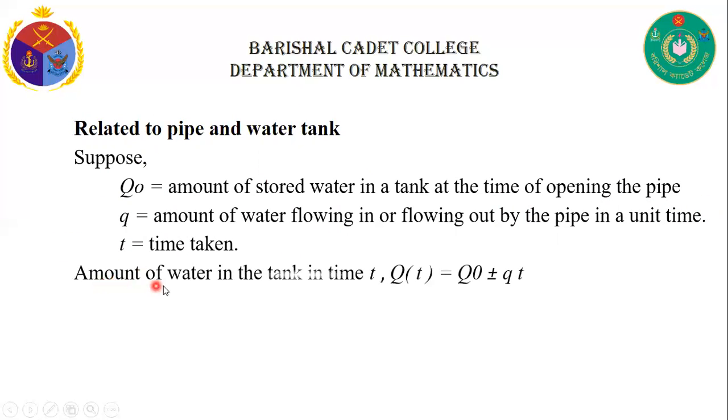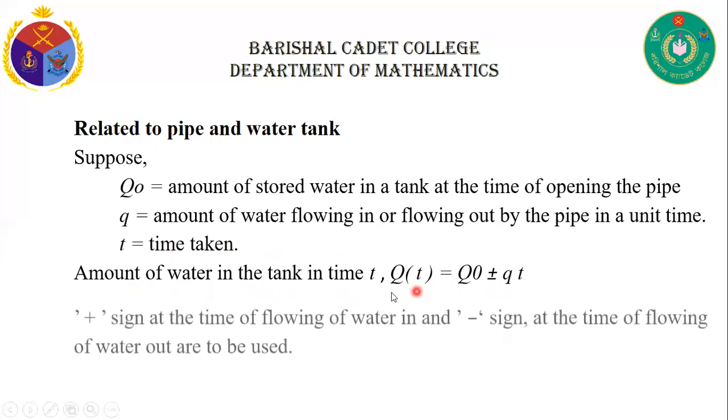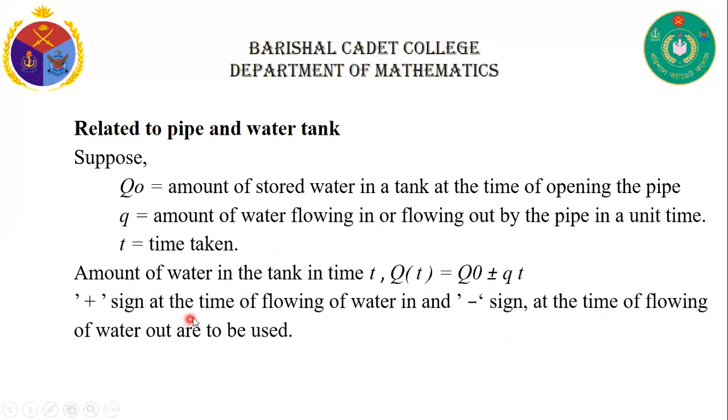So the amount of water in the tank at time t, Qt, equals Q naught plus or minus qt. Plus sign at the time of water flowing in: Q naught plus qt. Minus sign at the time of water flowing out: Q naught minus qt.